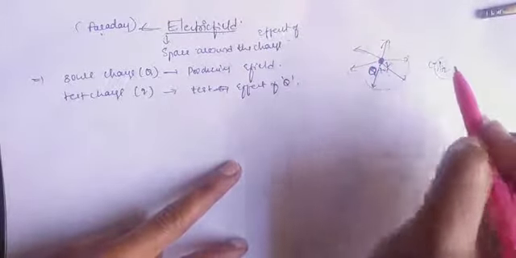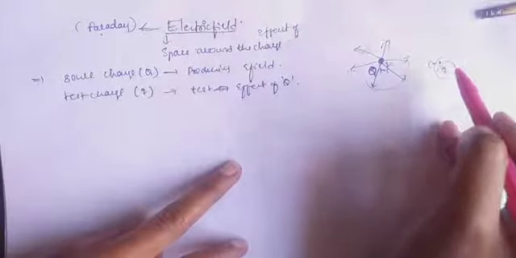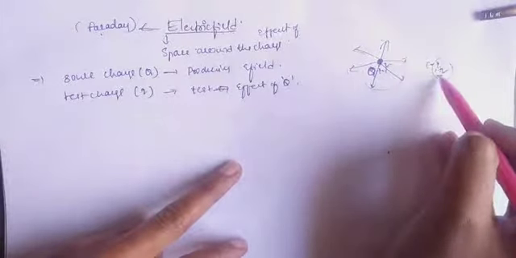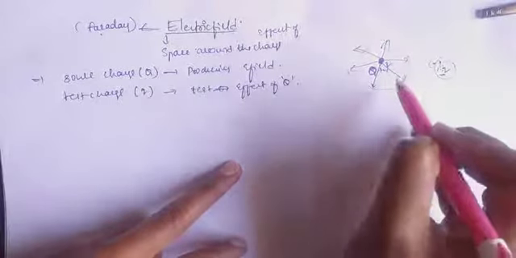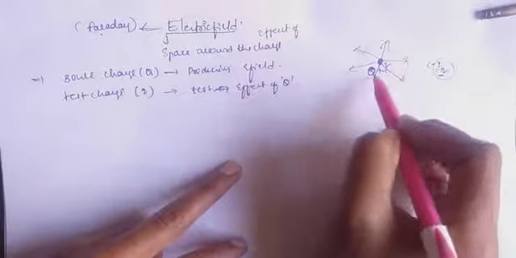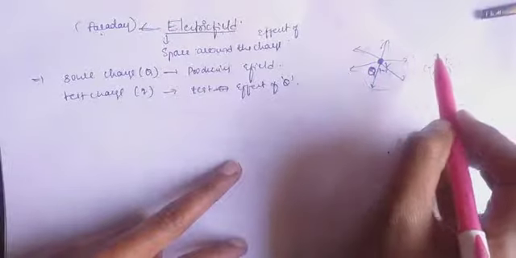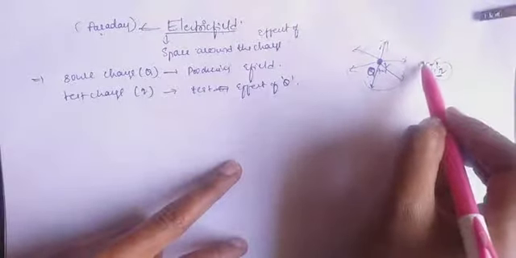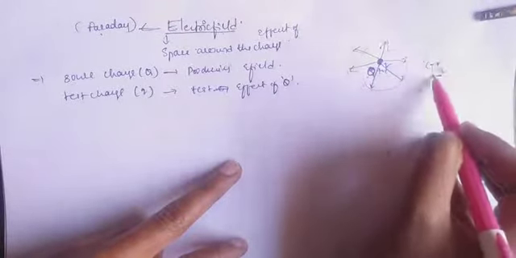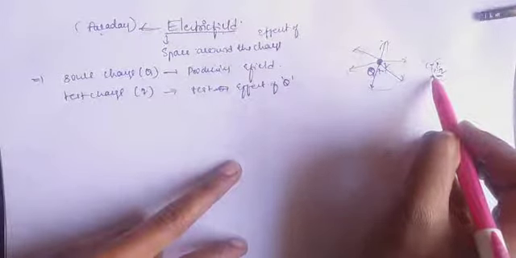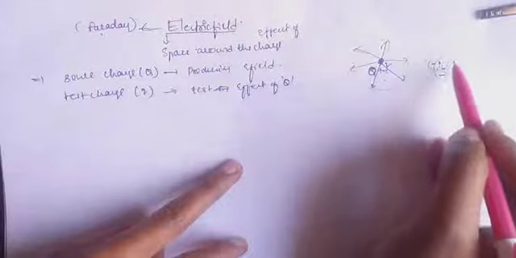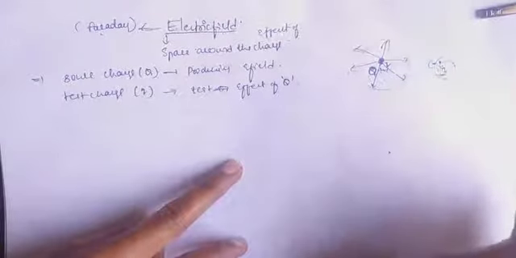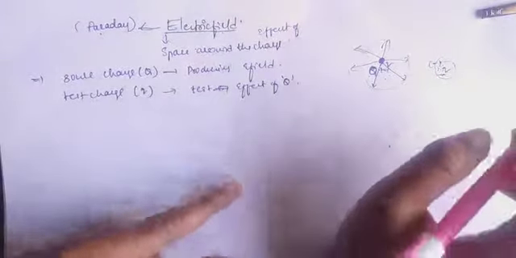How much effect is experienced by the second charge, the test charge, depends on how much field is produced by the source charge. That charge gets some force from the source charge, and it is the test charge, which is under test.